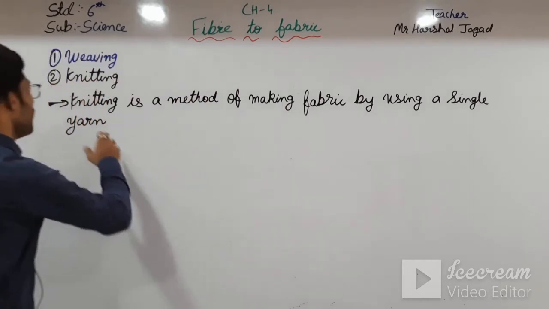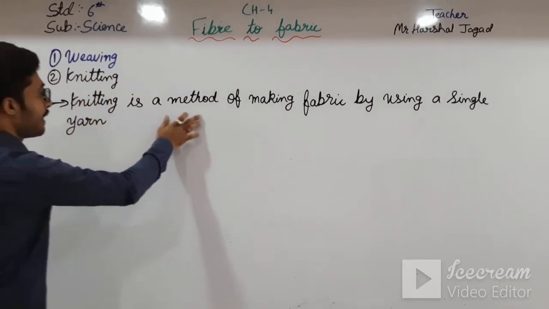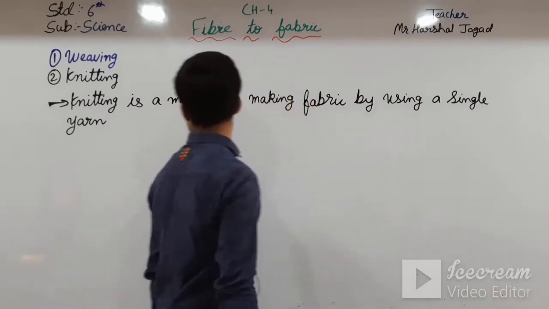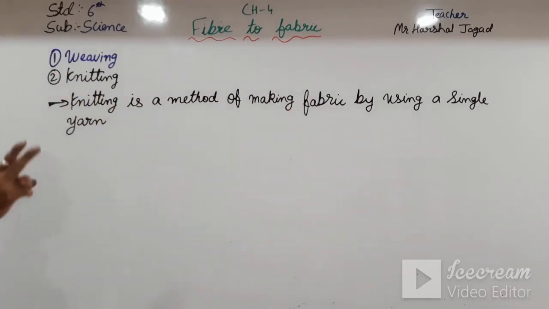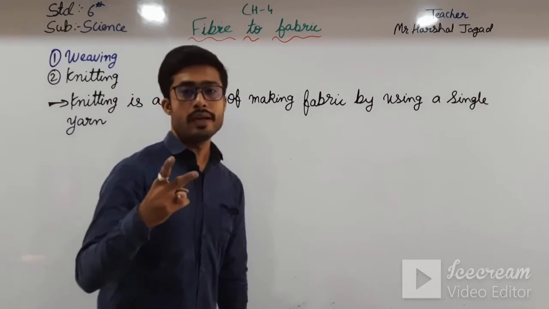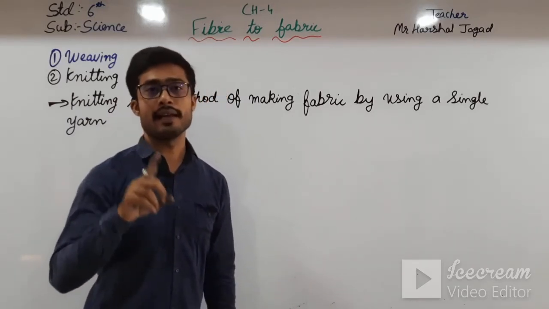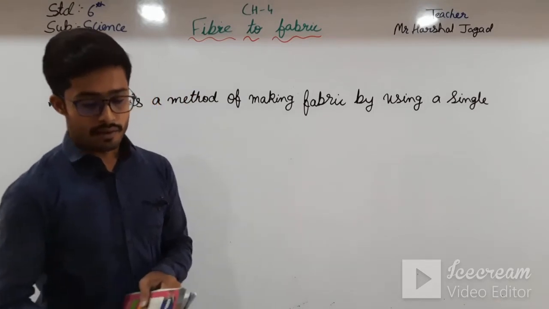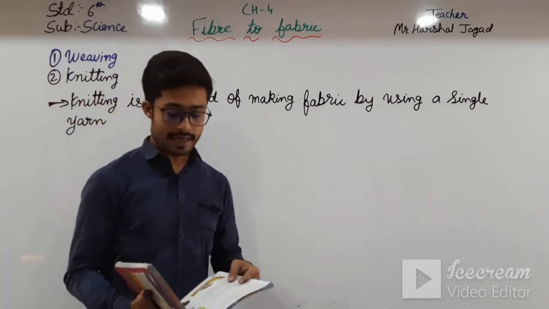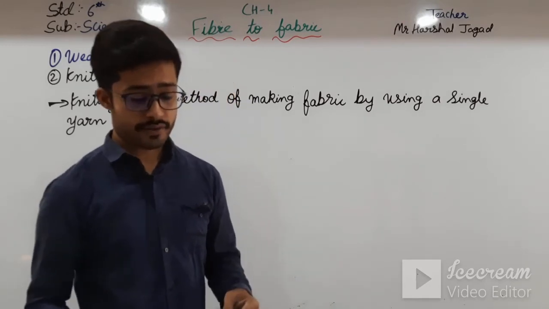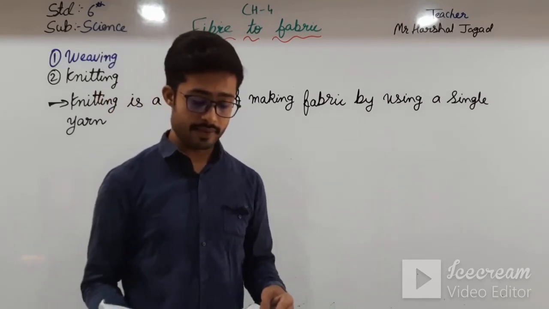And knitting is the method of making fabric by using a single yarn. In weaving two yarns are needed, and in the knitting process only a single yarn is used.